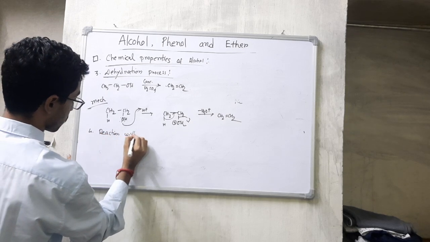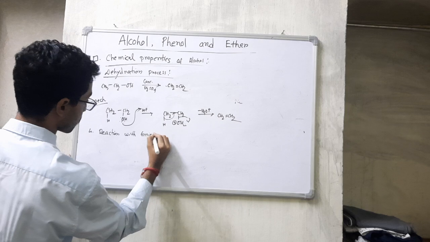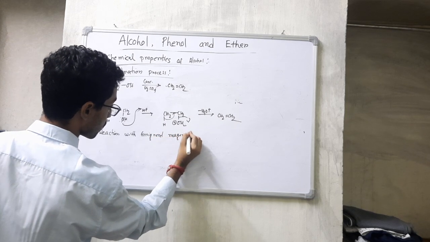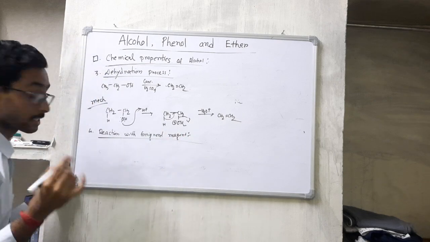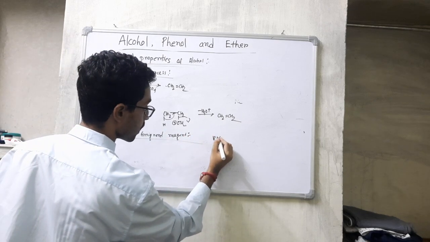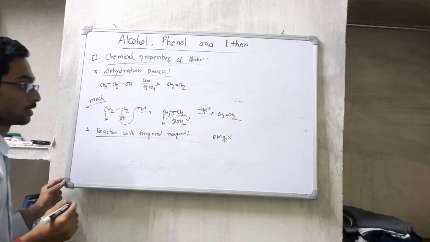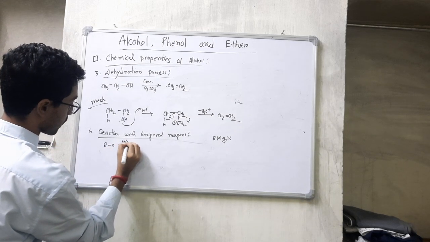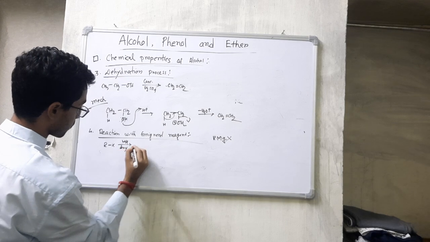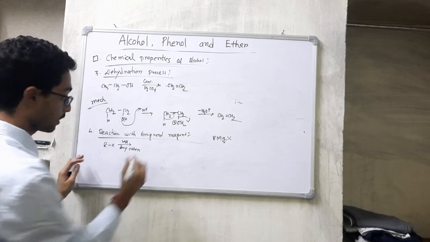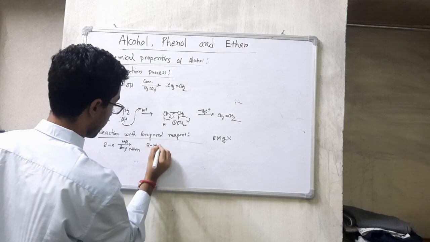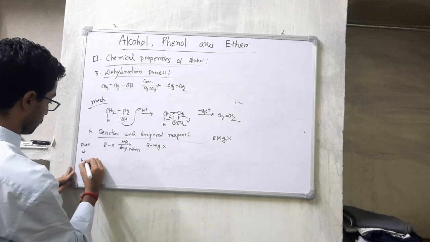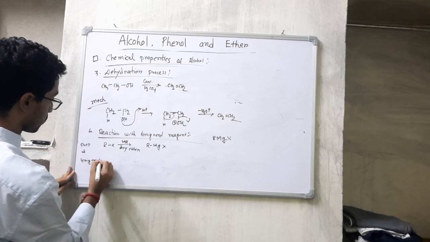Number 4 is reaction with Grignard reagent. What is the Grignard reagent? Grignard reagent means RMgX. Preparation of the Grignard: RX is treated with Mg in dry ether, then we get RMgX.